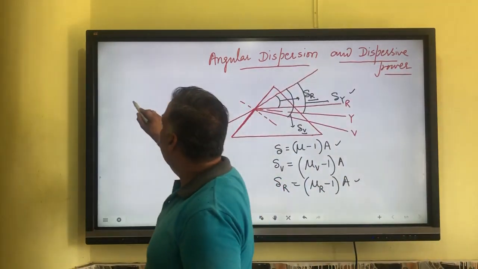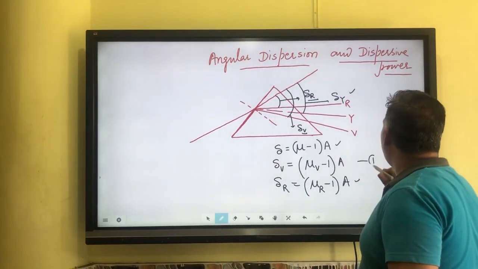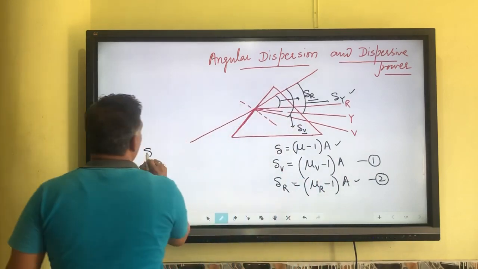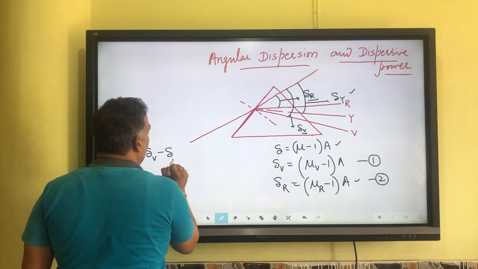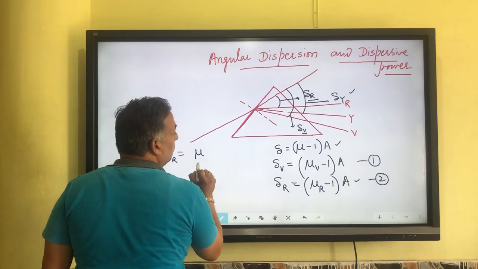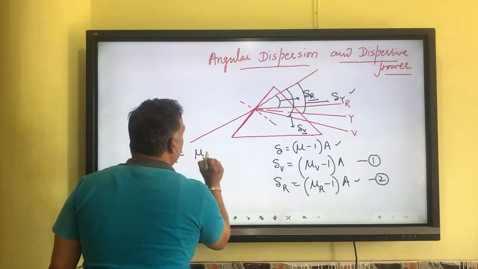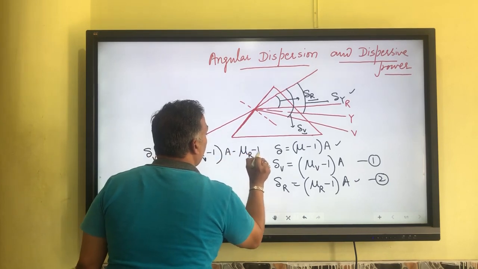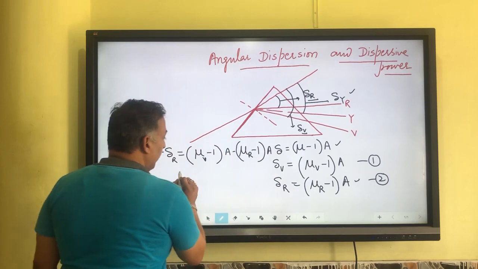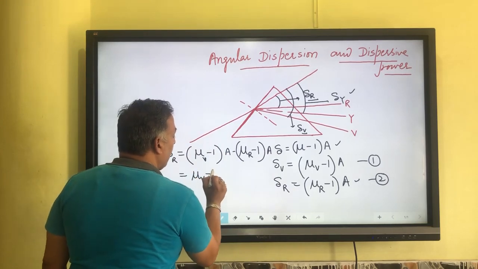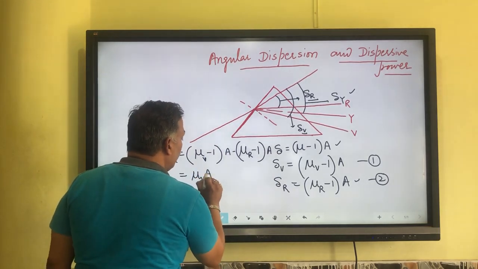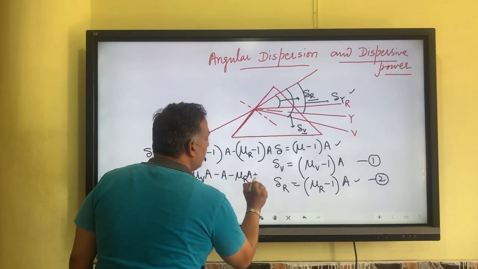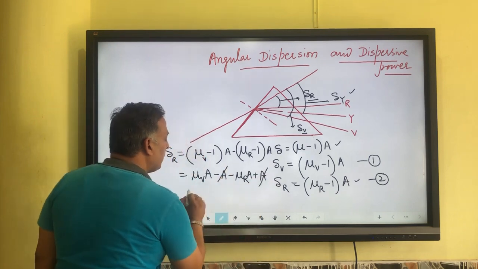If this is number 1 and this is number 2, I subtract number 2 from 1. So delta V minus delta R is (mu V minus 1) into A minus (mu R minus 1) into A. So it will be mu V into A minus A, minus mu R into A plus A. The minus and plus cancel out.